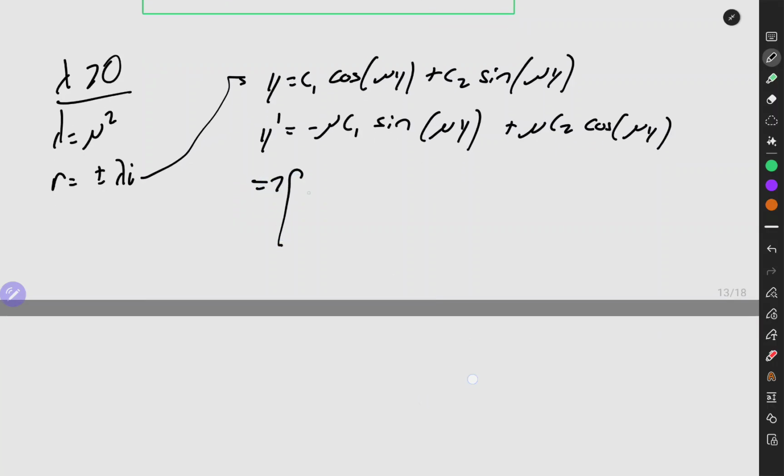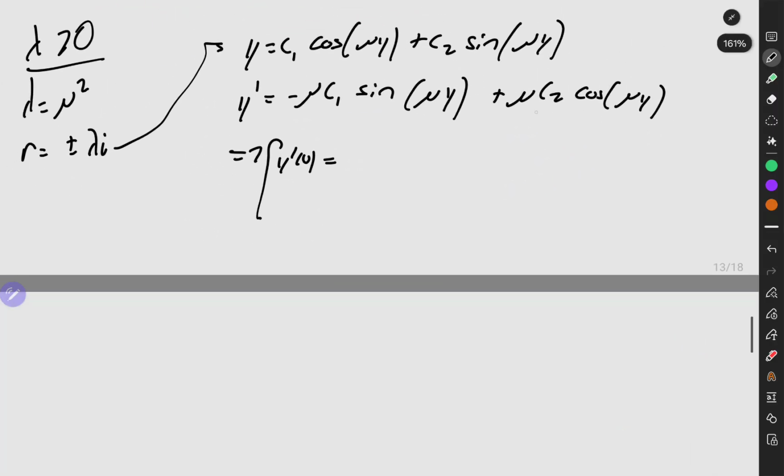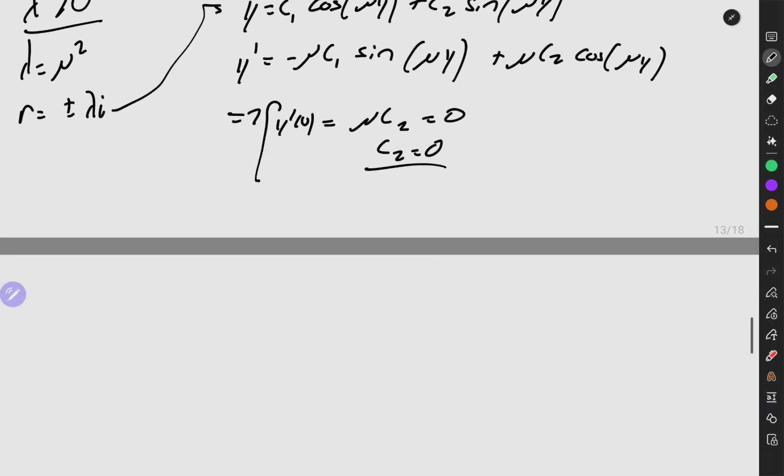We can now use our first condition, Y prime of 0 equals 0. We're going to be left with mu C2 is equal to 0, so C2 equals 0. Now let's solve for y prime of b. That's just going to be sine of mu b equals 0.